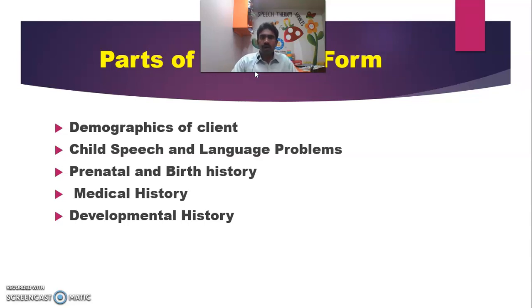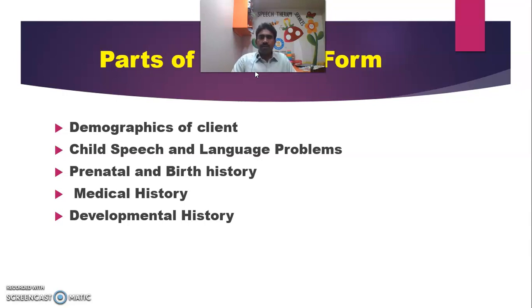You should ask about their first word, when the child spoke his or her first word and at what age, and when he started walking, standing, neck holding, and whether he can walk independently or not.